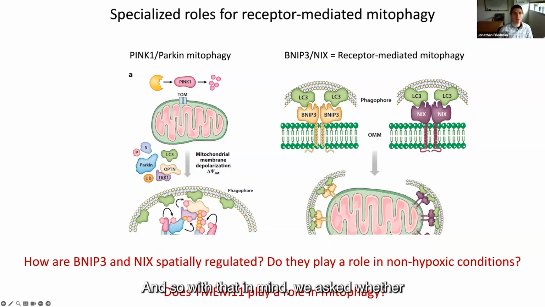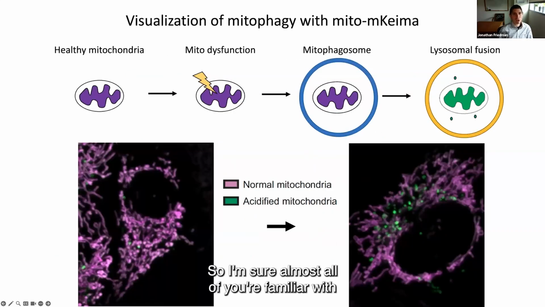And so with that in mind, we asked whether or not TMEM11 could be playing a role in this mitophagy pathway. So I'm sure almost all of you are familiar with the mito-mCherry assay that's used to monitor mitophagy.